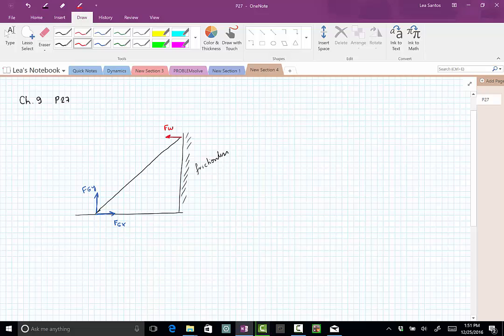We also have the weight of this ladder, and this weight we are going to put here. So mg is the weight of the ladder. This whole distance here is given to us, 3 meters. So I know that the distance to the weight of the ladder is 1.5, okay?